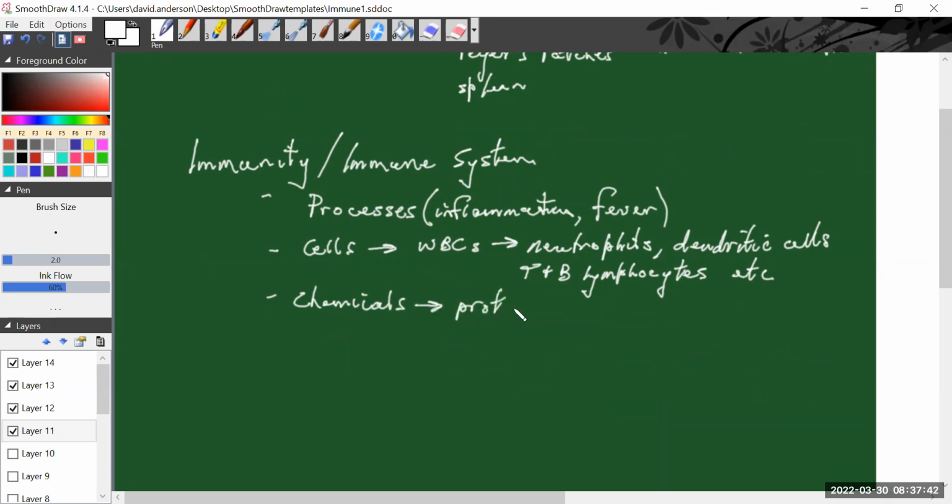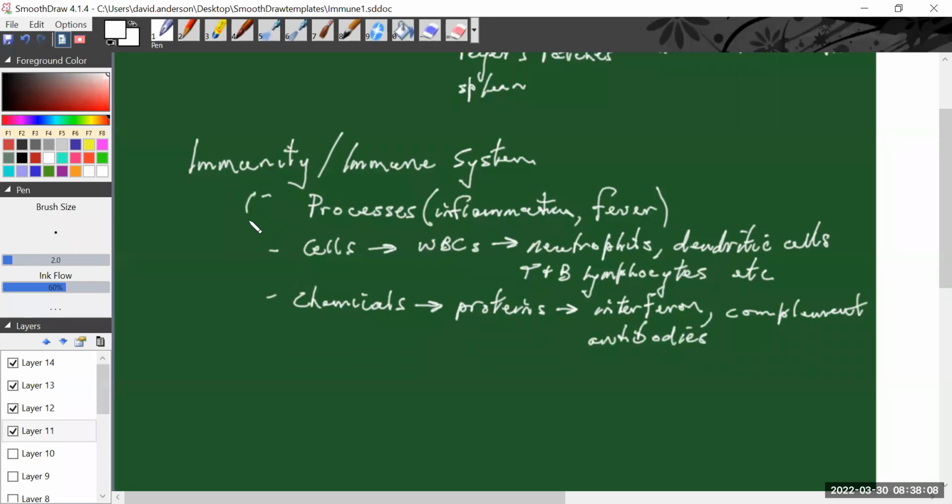Proteins with names like interferon. What a great name for something that's going to block or interfere with something. It's simply called an interferon. We've got some other proteins called complement. We've got some proteins that are known as antibodies.